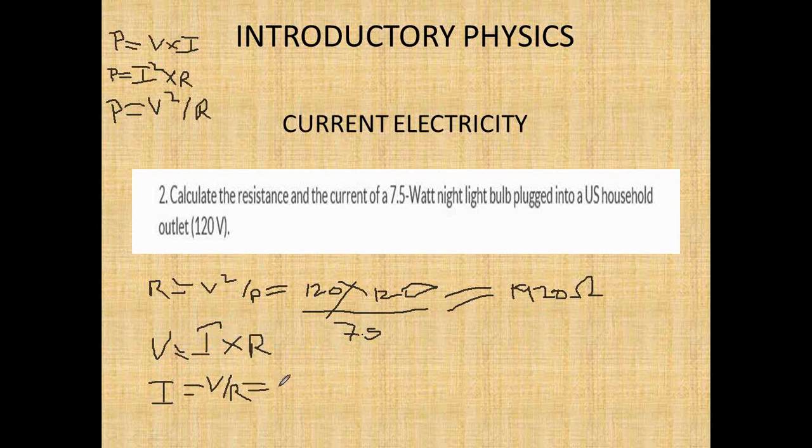So the volts is 120 and your resistance is 1920.